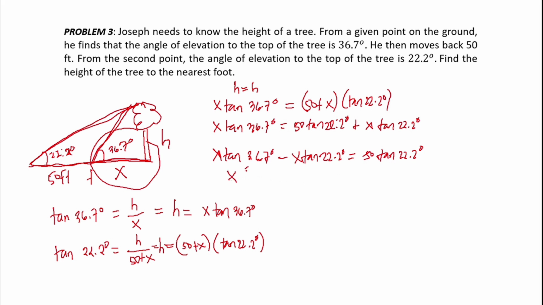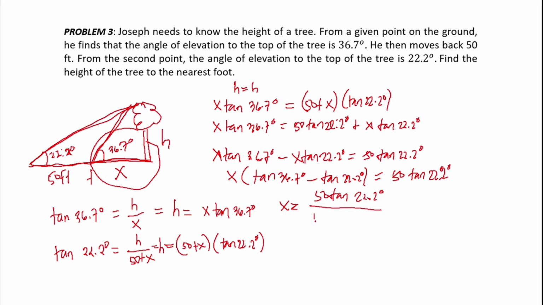To solve for x, we have x times tangent 36.7 degrees minus tangent 22.2 degrees is equal to 50 tangent 22.2 degrees. So our x here is 50 tangent of 22.2 degrees over tangent of 36.7 degrees minus tangent 22.2 degrees.